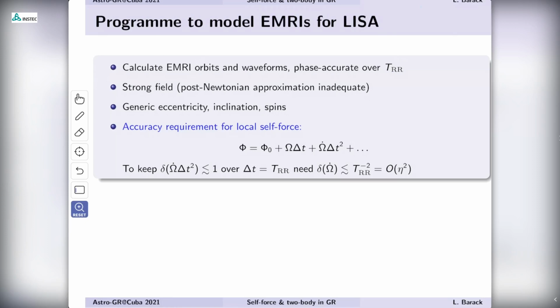Yeah, that's a very good question, and I'm willing to bet that when we see the first EMRIs coming from LISA, there will be lots of papers coming out offering different explanations, and there will be controversy and disputes. But that's how science progresses.